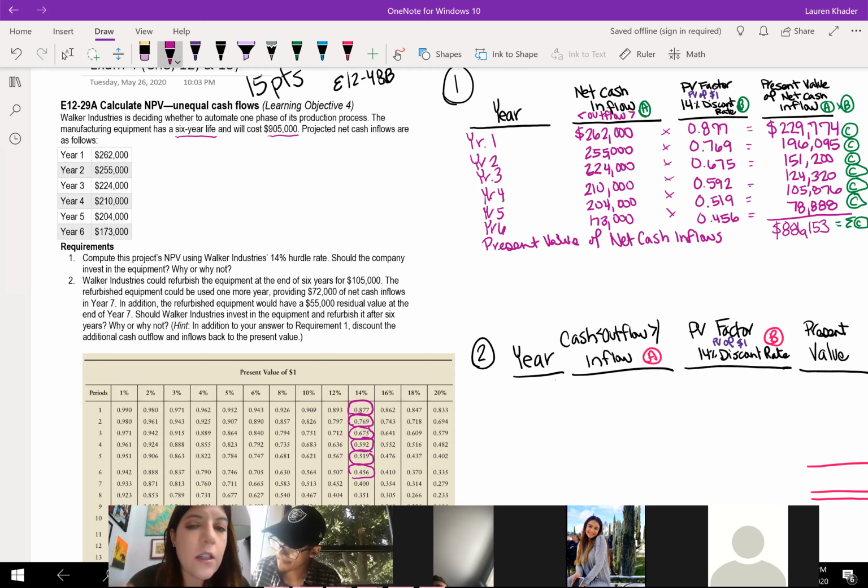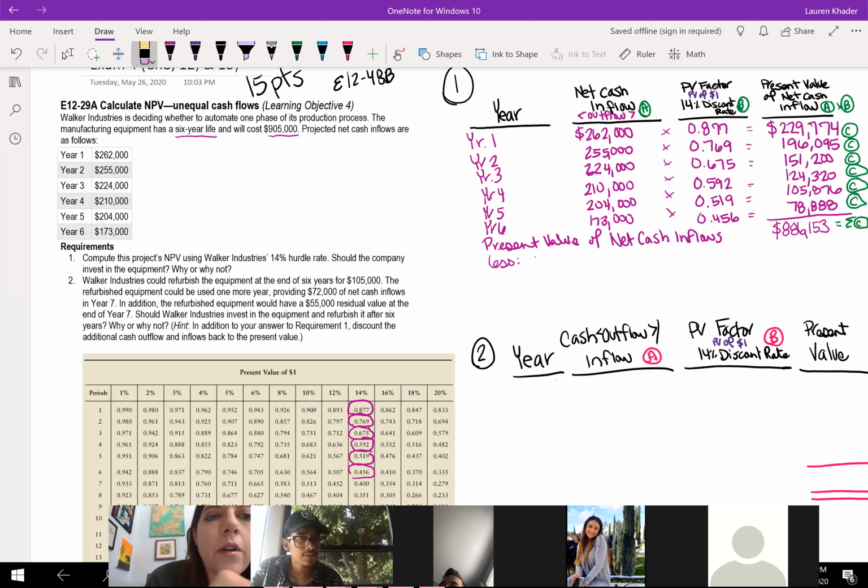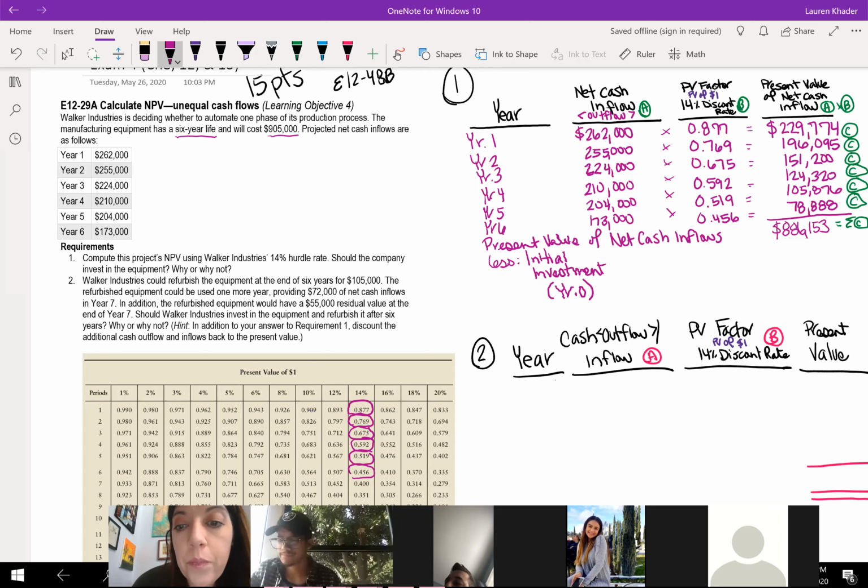Now we're going to compare that to the only outflow that this investment has, which is the initial investment. The initial investment happens in year 0. It happens in the present.